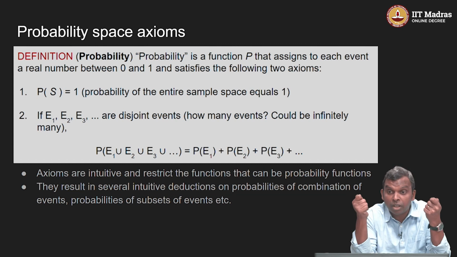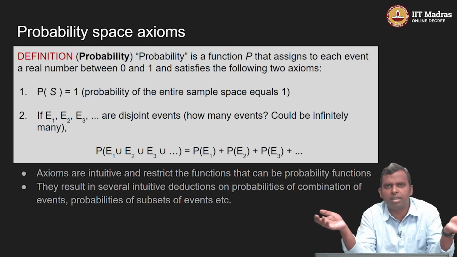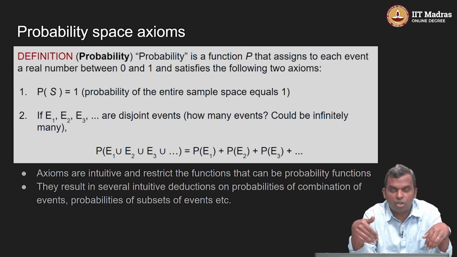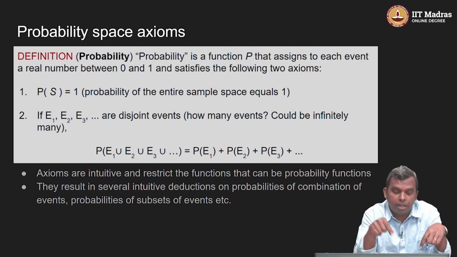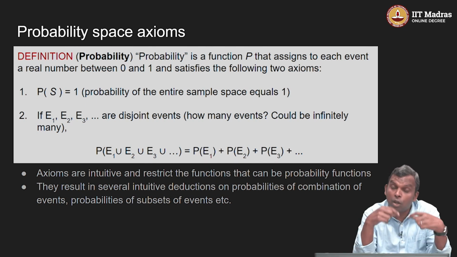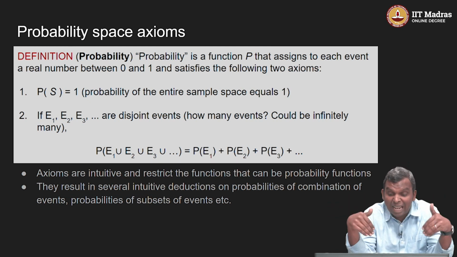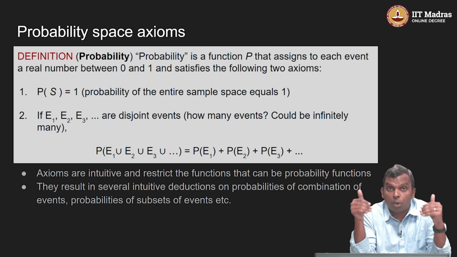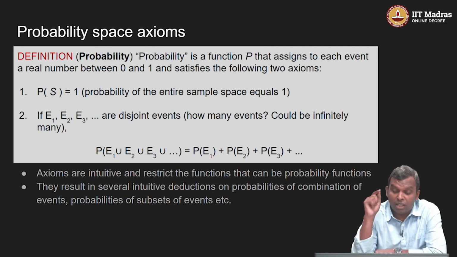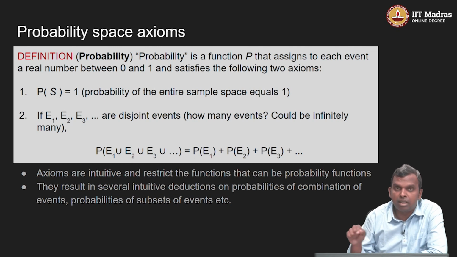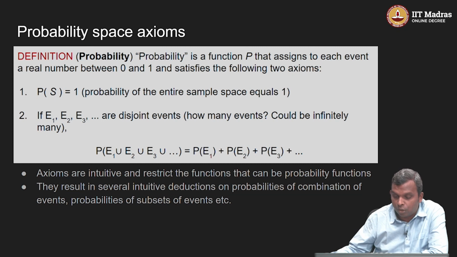Your probability function assigns probability to all events. So if you have a bunch of disjoint events, it will assign a probability to each of these events. It will also assign a probability to the union of all these events. Now the second axiom says the probability function should assign values such that if you add up the values assigned to E1, E2, E3, and so on, look at what's happening on the right hand side.